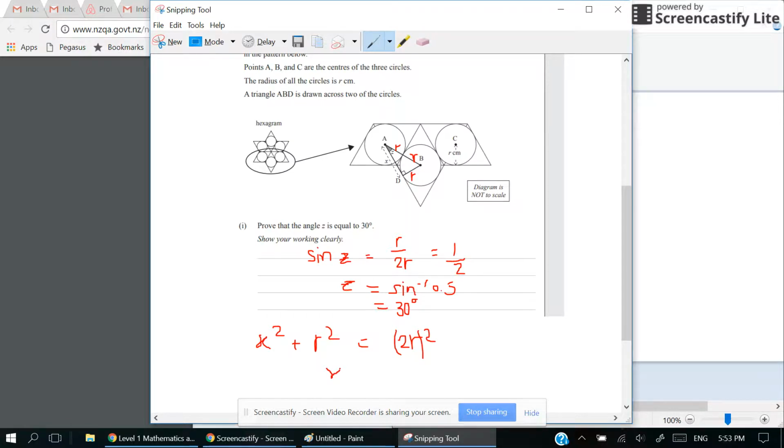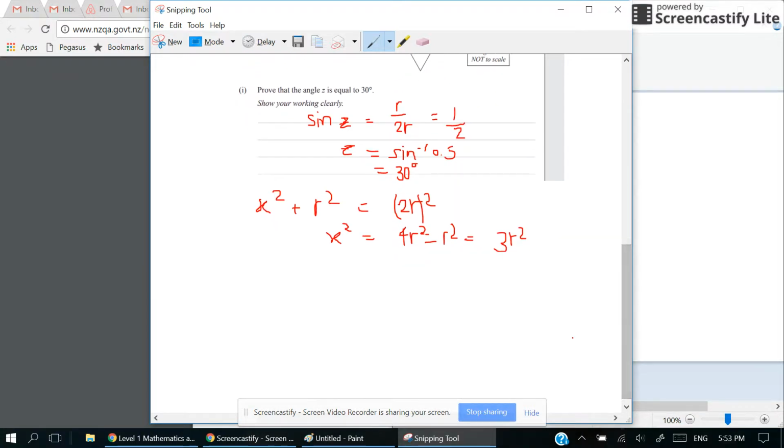So x squared equals 4r squared minus r squared. You take this side, move it to the other side, and calculate this, and that equals 3r squared.